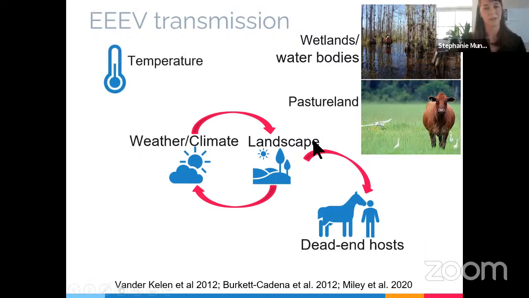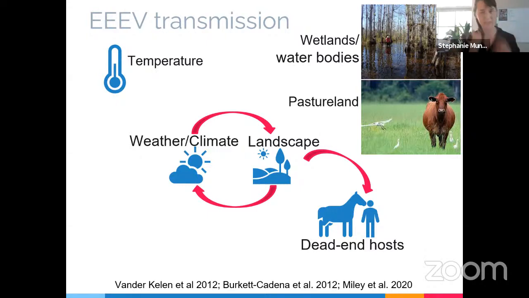Similarly, the weather patterns can play an important role. There's this intuitive link between temperature and mosquito-borne disease, where when things get warmer, you'll see more mosquitoes and more mosquito-borne disease. And it is true that the majority of EEEV transmission is occurring in the summer, and there's this contemporaneous association. But there are also factors such as what's happening the winter before.